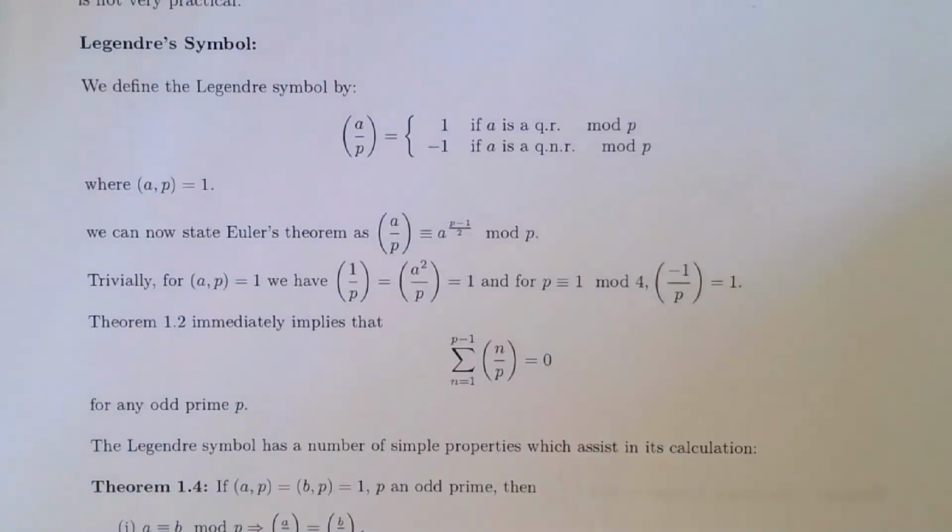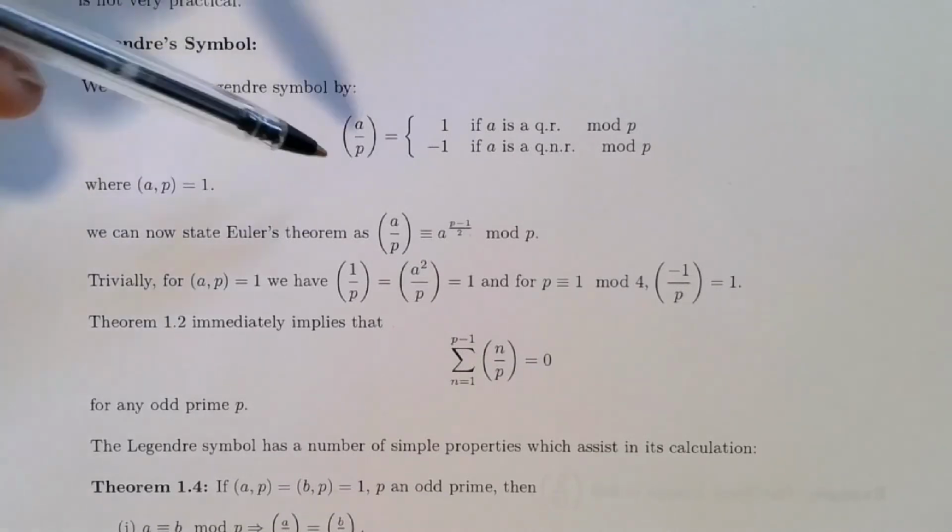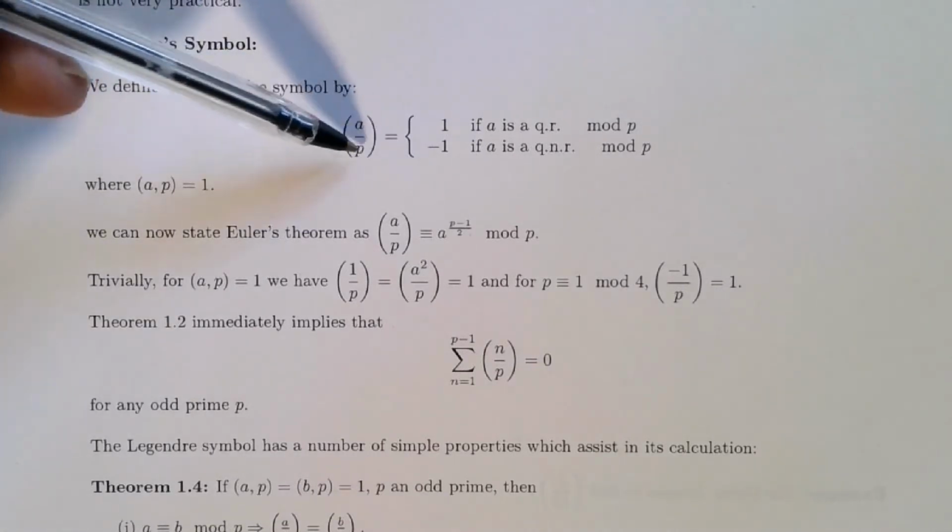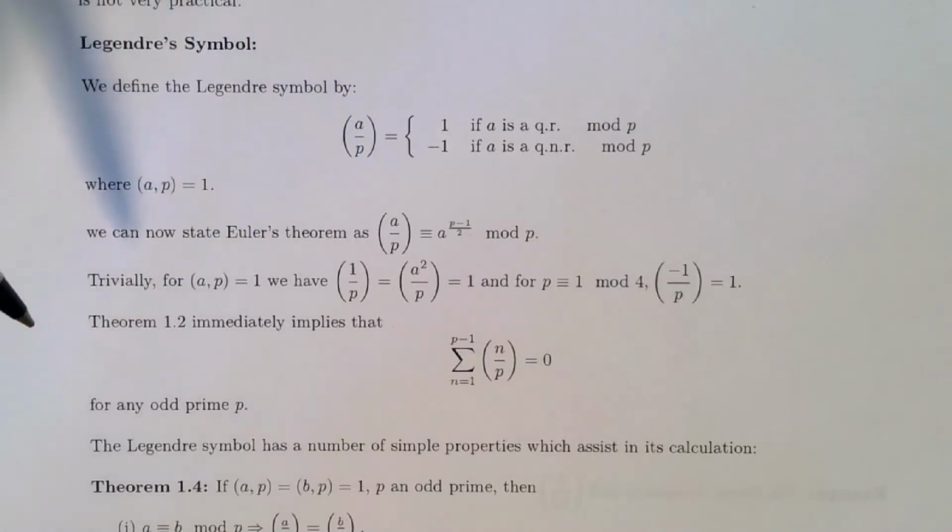Now, we're going to introduce the idea of Legendre's symbol, and this is a lovely example of where good notation in mathematics can get you a long way. The Legendre symbol is written as (a/p) in round brackets.